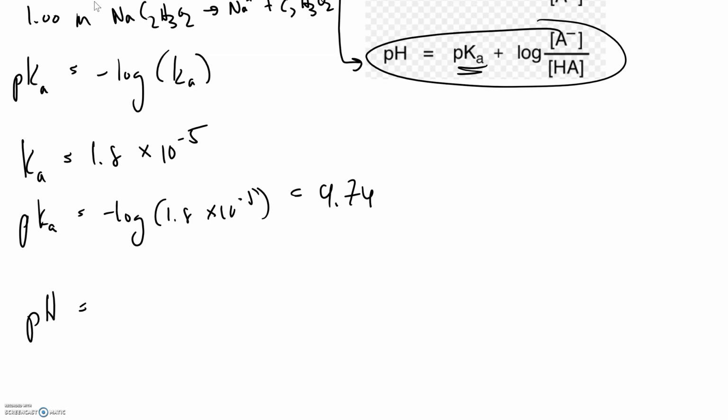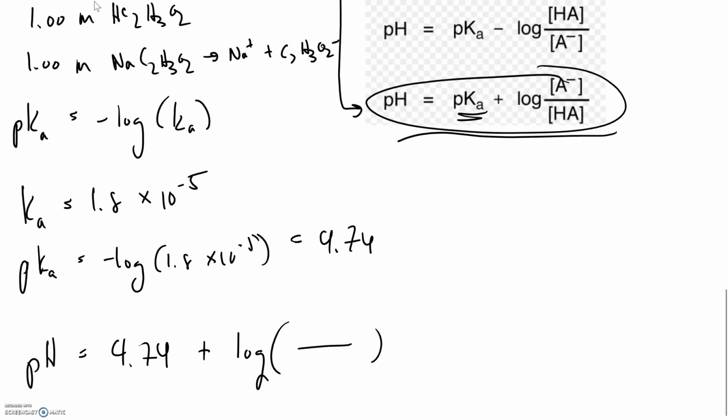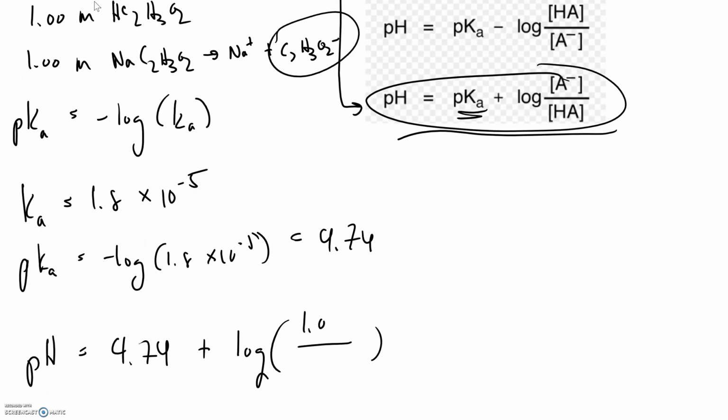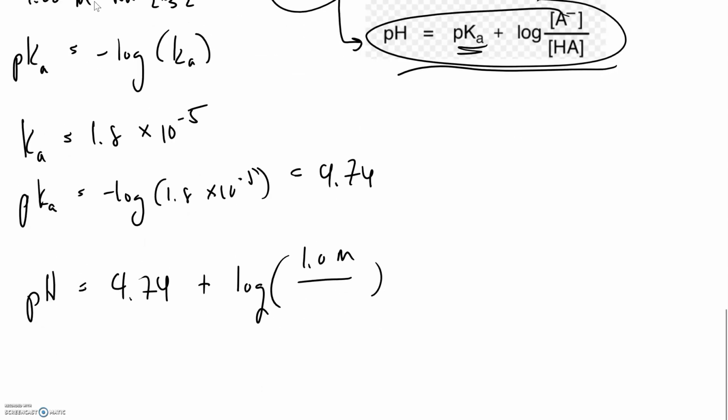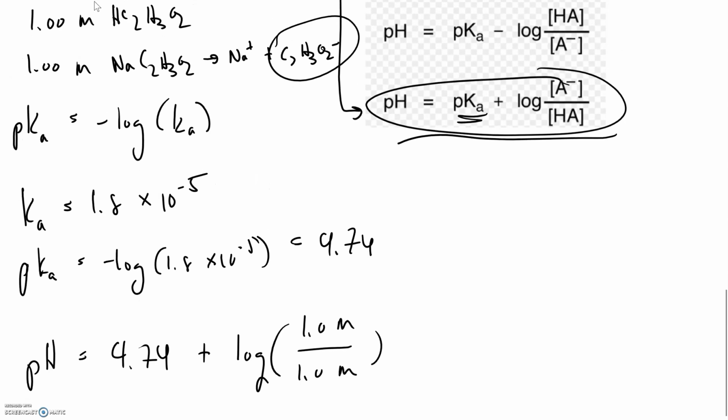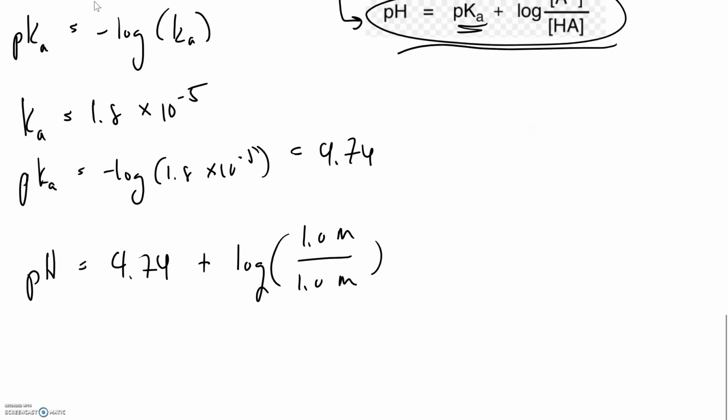We're going to use this version that's got the concentration of base over acid. And so we'll say pKa 4.74 plus log of concentration of our base, that's this guy, 1 molar, over our concentration of our acid, which is this guy, 1 molar.